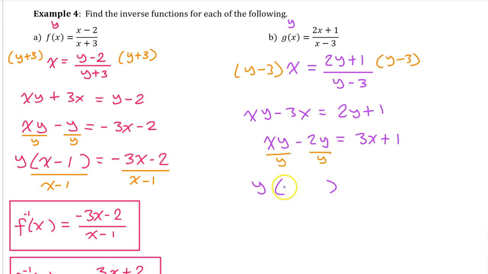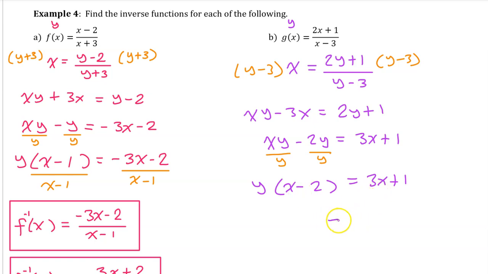xy divided by y is x. Bring down that minus. These y's cancel out and leave a 2. So I have y times x minus 2 is equal to 3x plus 1. I can get the y completely by itself by dividing both sides by x minus 2.